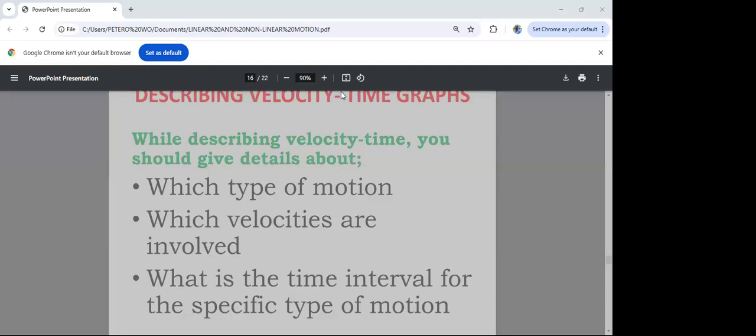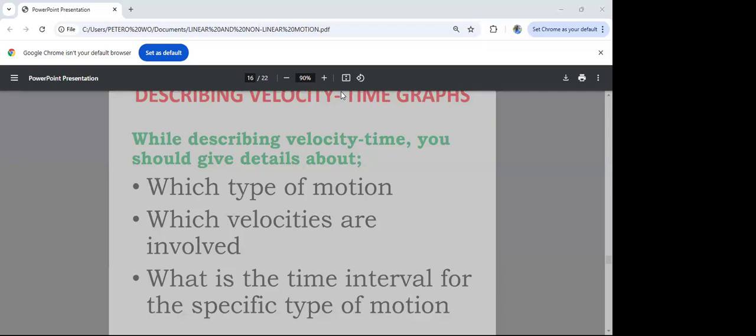Thank you, Nora. They are telling us if we are going to describe, the first thing you talk about is what type of motion you see. So for velocity time graphs, we are going to either have acceleration, uniform velocity, or deceleration. If they are all straight lines, then they are uniform acceleration, uniform velocity, or uniform deceleration.